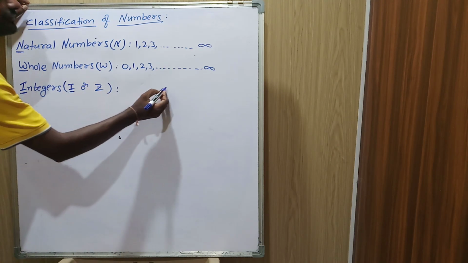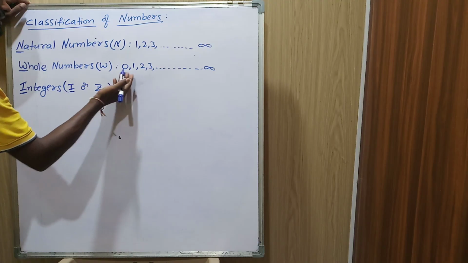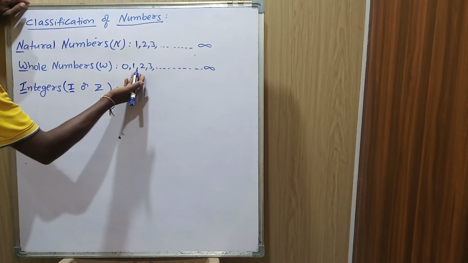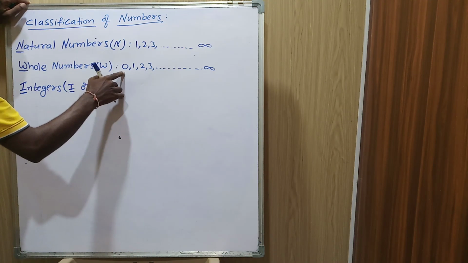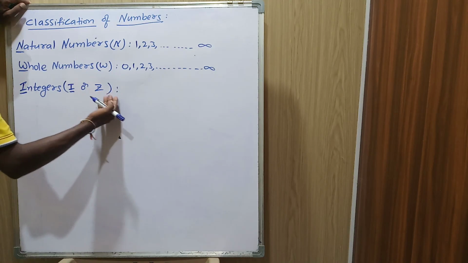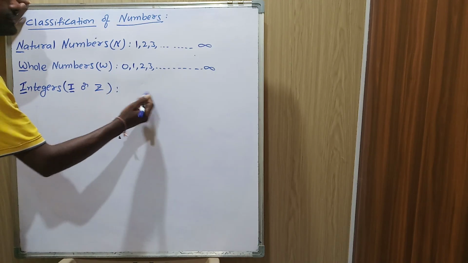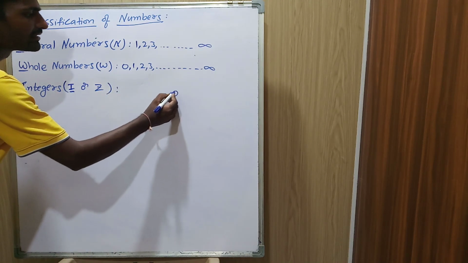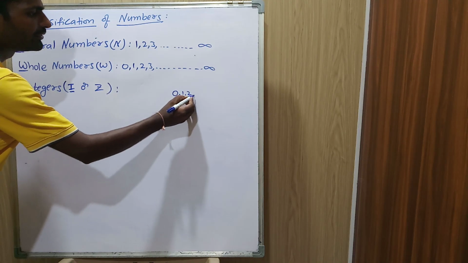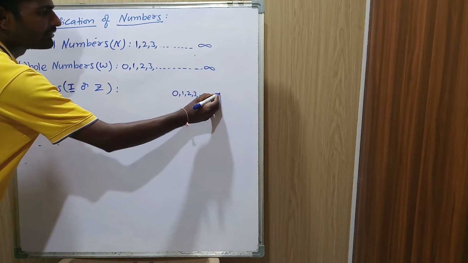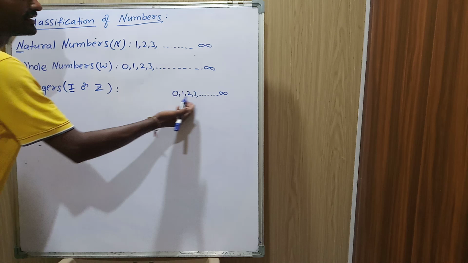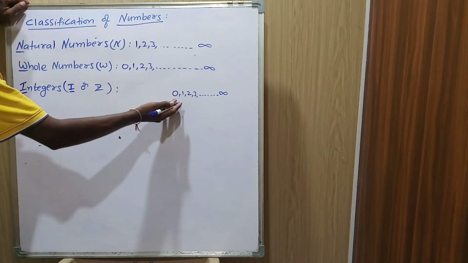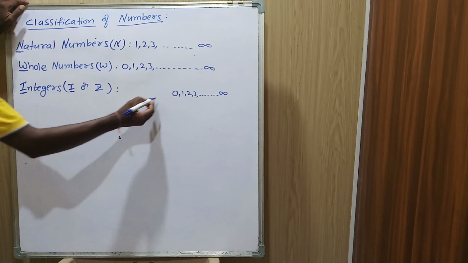Now, compared to whole numbers, if we include negative numbers also, then that new set of numbers is called integers. That means 0, 1, 2, 3, and so on up to infinity. These numbers are whole numbers. For these whole numbers, we should include negative numbers also.